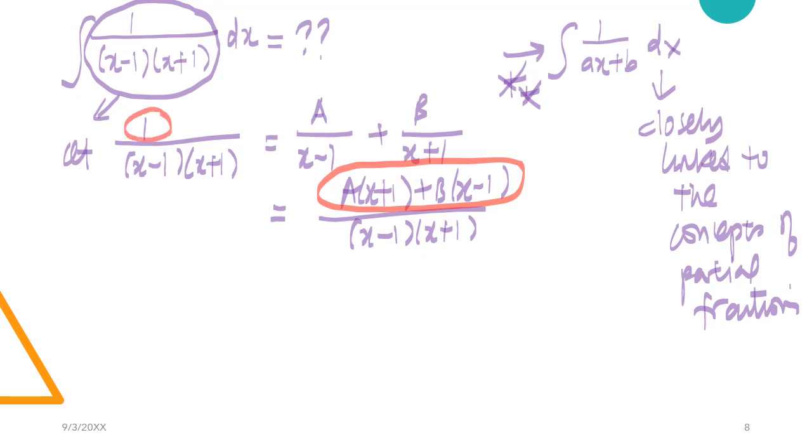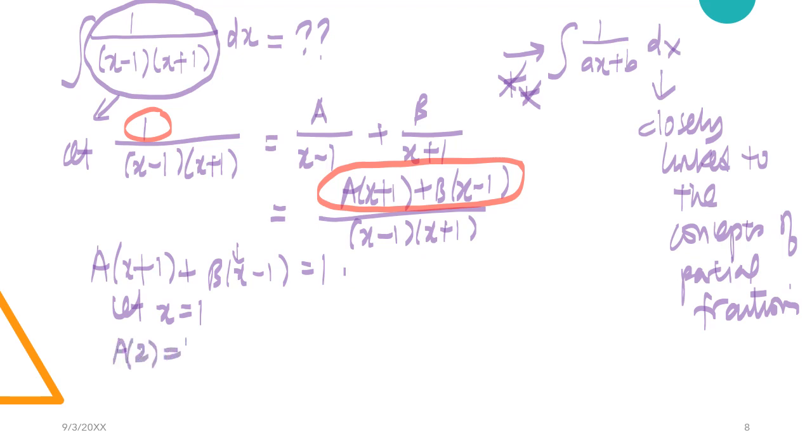Okay, so what we have here will be a bracket x plus 1 plus b bracket x minus 1 equals 1. The important thing here is to find the unknowns a and b. So we're going to use the substitution method. I'm going to substitute x to be 1, because if x is 1, then I'll eliminate my b, because 1 minus 1 is 0, 0 times b gives me 0. So I can easily find the value of a, which is half.